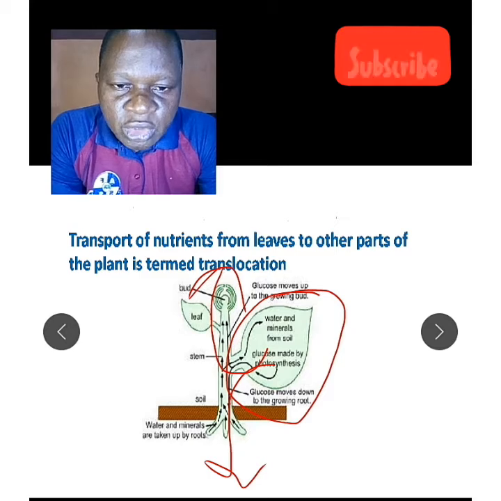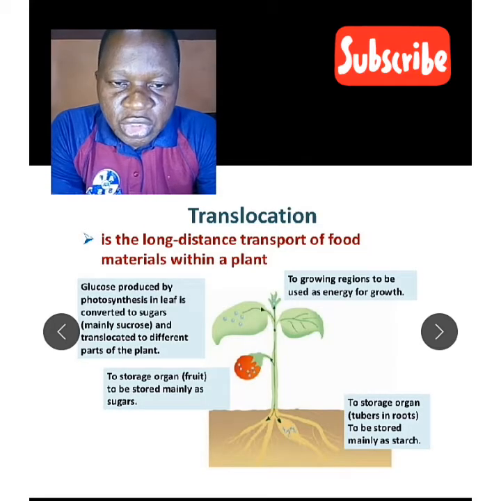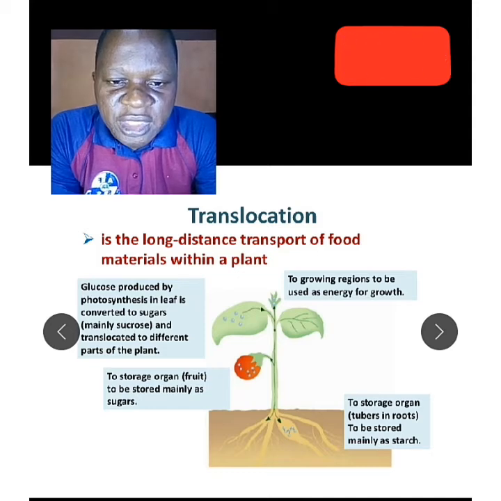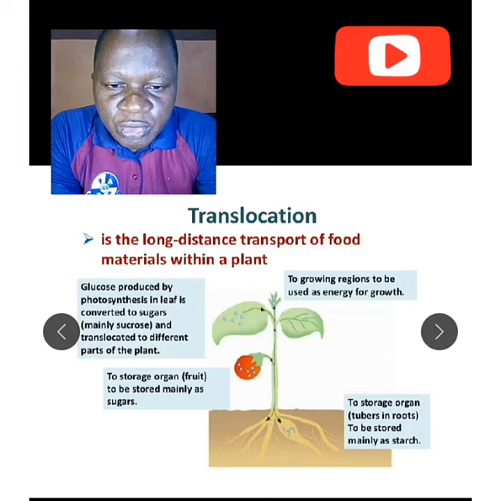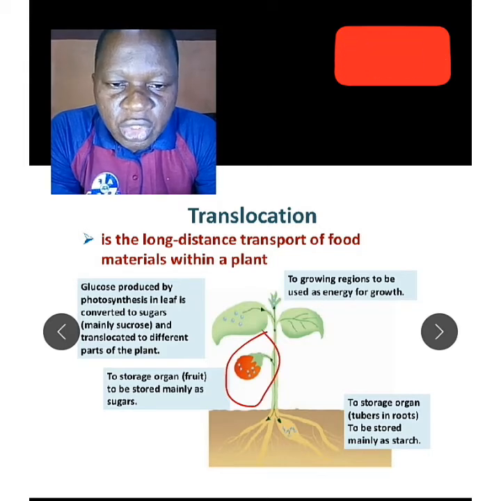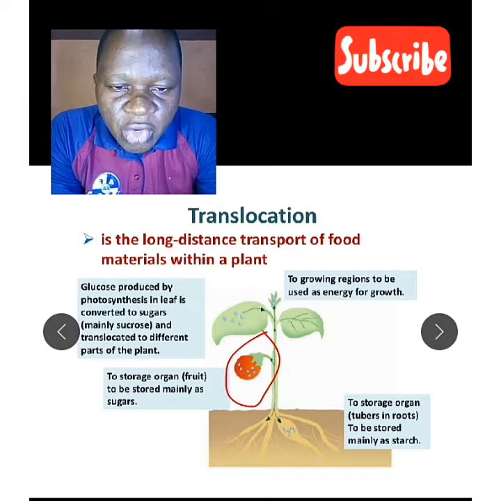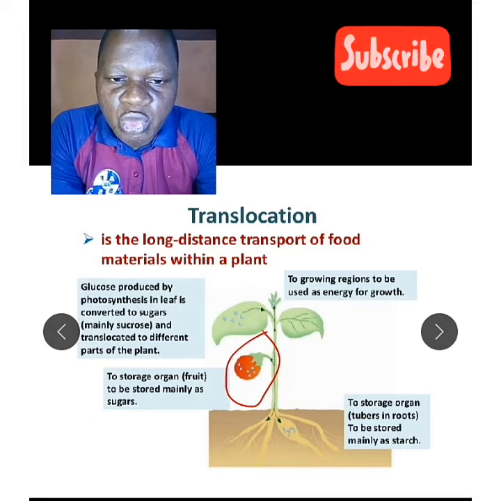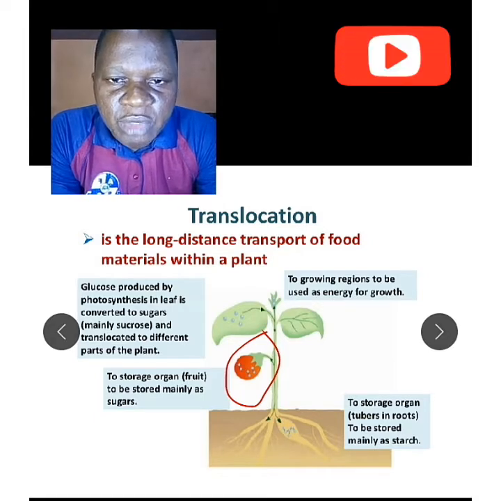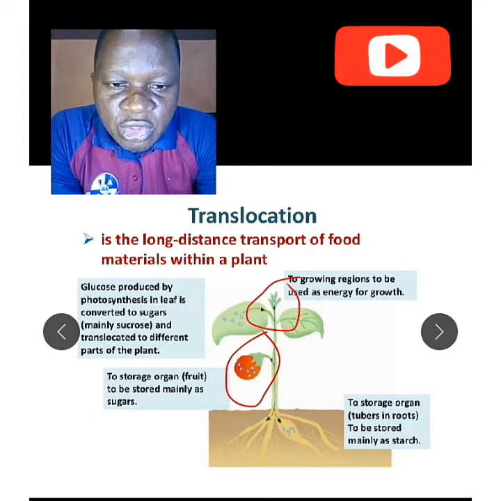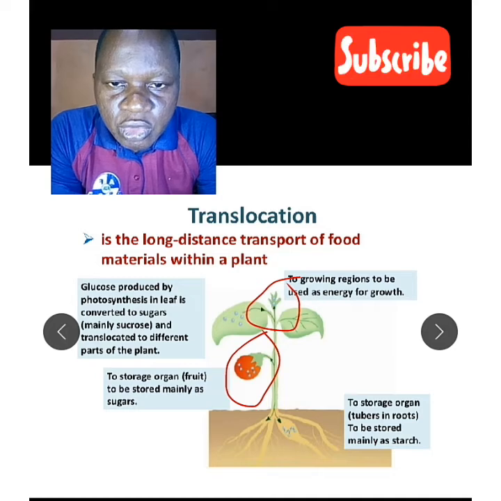Another picture still representing translocation in plants. This picture shows that the fruit is one of the storage organs that store the food manufactured by the leaf. The food will also be taken to the bud or the tip of the plant, to enhance growth and give energy for growth.